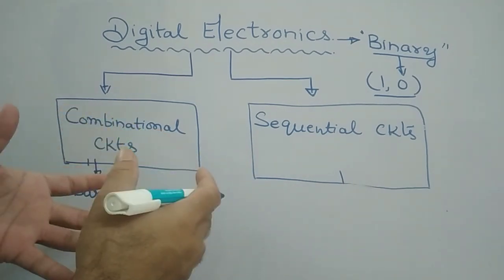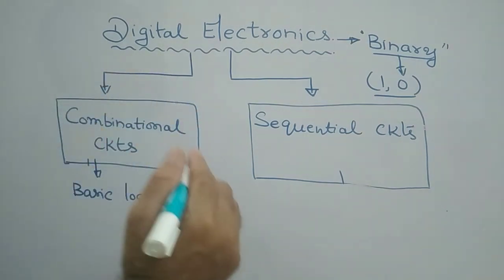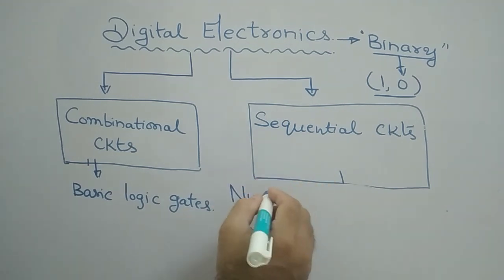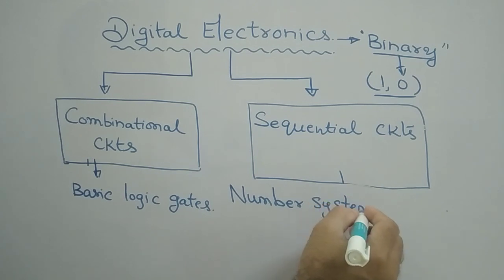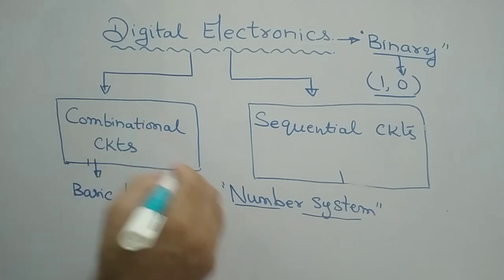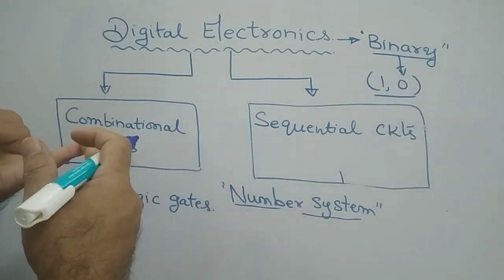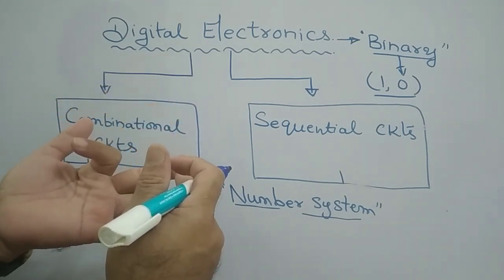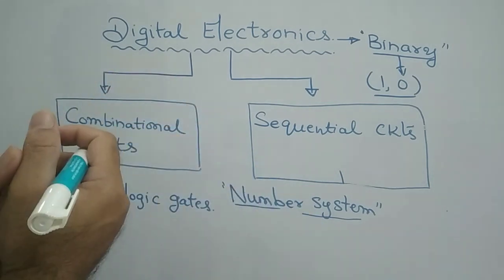The very basic introductory topic in digital electronics is the numbering system. This we will see in the next presentation, that is number system. In the number system, basically we have the binary number system, octal number system, hexadecimal number system, and decimal number system. So there are four varieties.